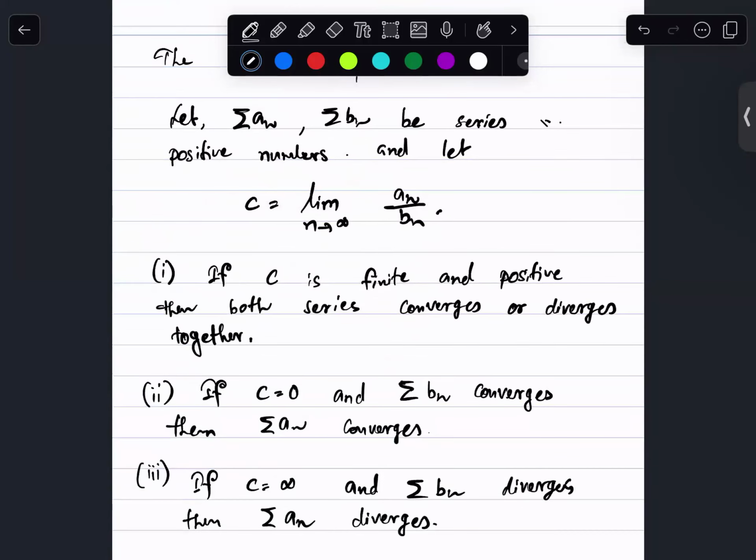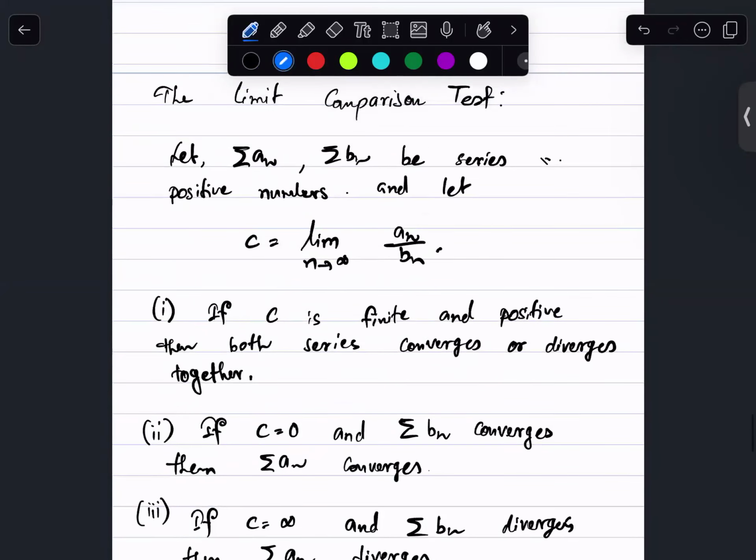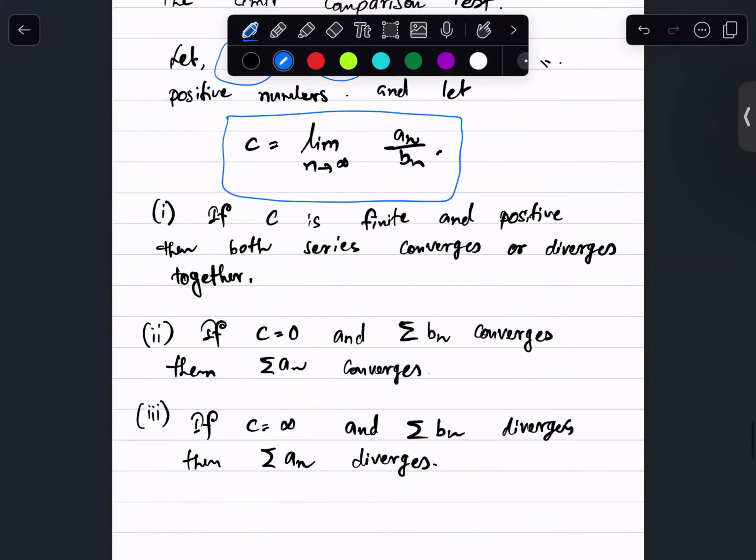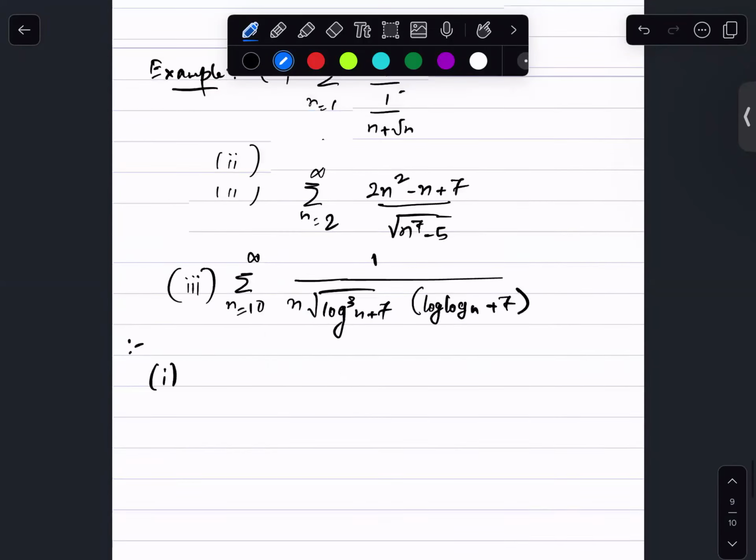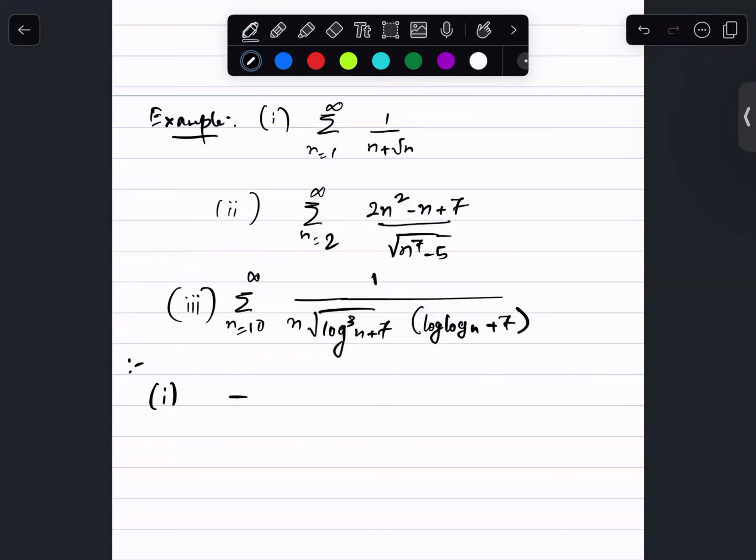See, in the limit comparison test, there should be two different series, and then you have to take the limit of the ratio. But here I have only one series, which is summation n equal to 1 to infinity 1 over n plus square root n. Okay, that's it.